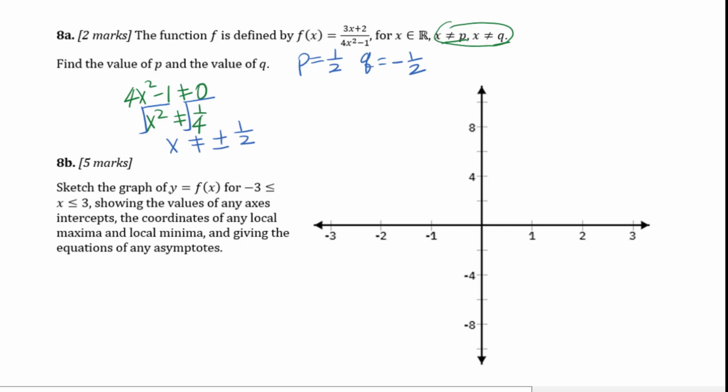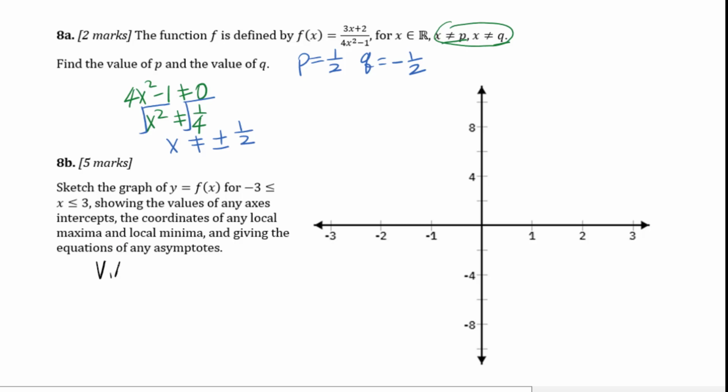8b, sketch the graph of y equals f of x for x greater than or equal to negative 3, less than or equal to 3, showing the value of any axis intercepts, the coordinates of any local maximum and local minimum, and give the equation of any asymptotes.